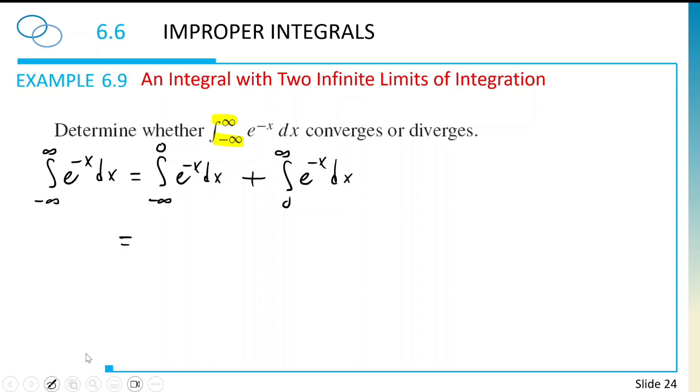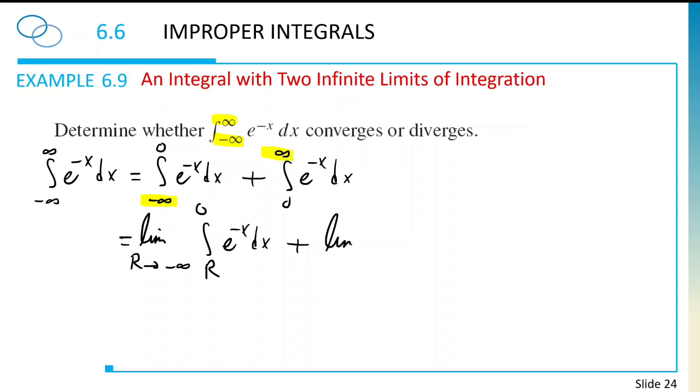My issues are at negative infinity and infinity. I always need to see it to be sure what I'm replacing with r. So this is the limit as r approaches negative infinity of the integral from r to 0, plus the limit as r approaches infinity of the integral from 0 to r of e to the power of negative x dx.